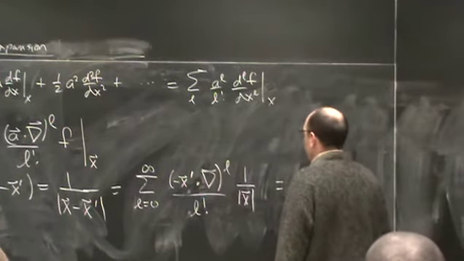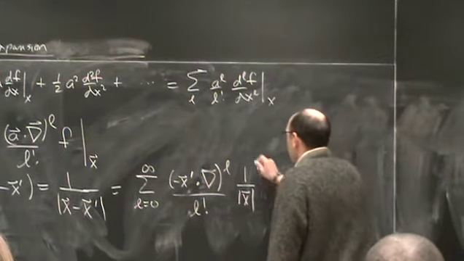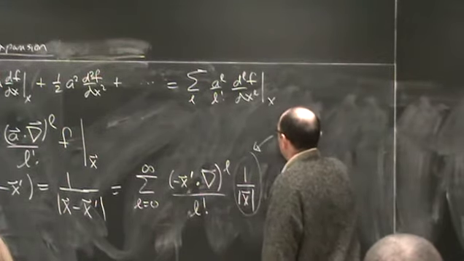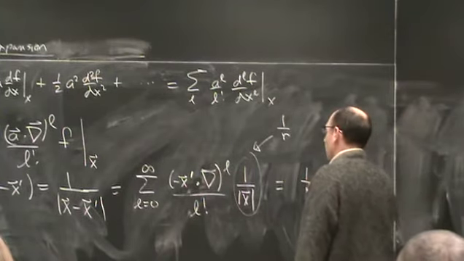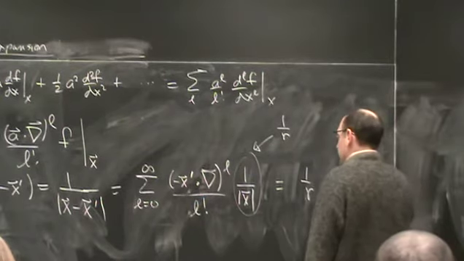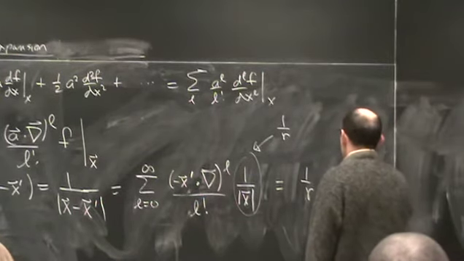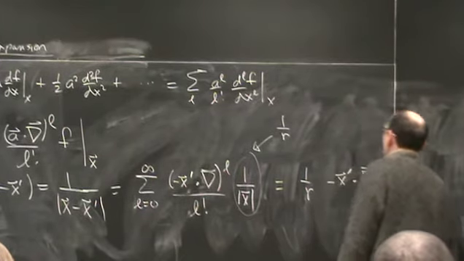So we can write out just the first few terms of this. Of course, this is the same thing as 1 over r. So L equals 0, this is 1 over r. Then we have the first order correction to that, which is minus x prime dotted into the gradient of 1 over r.